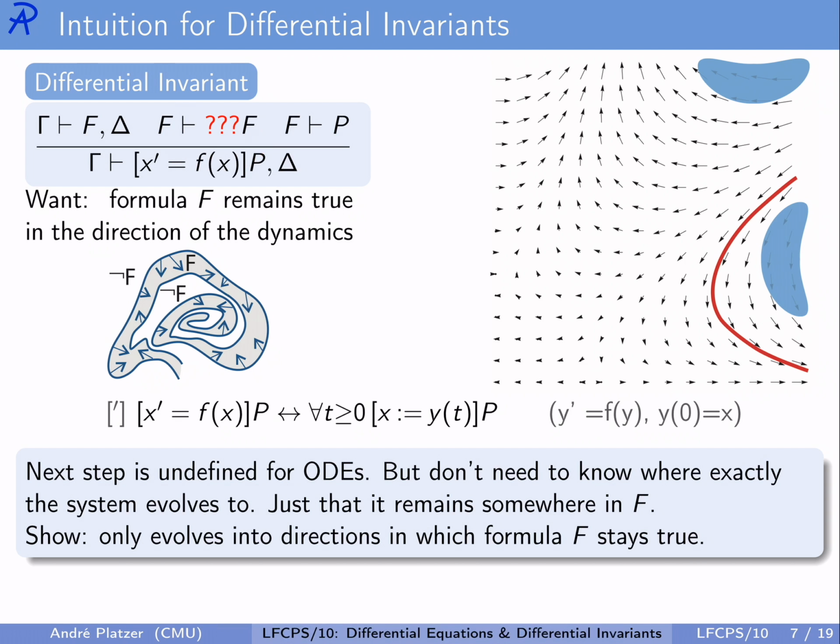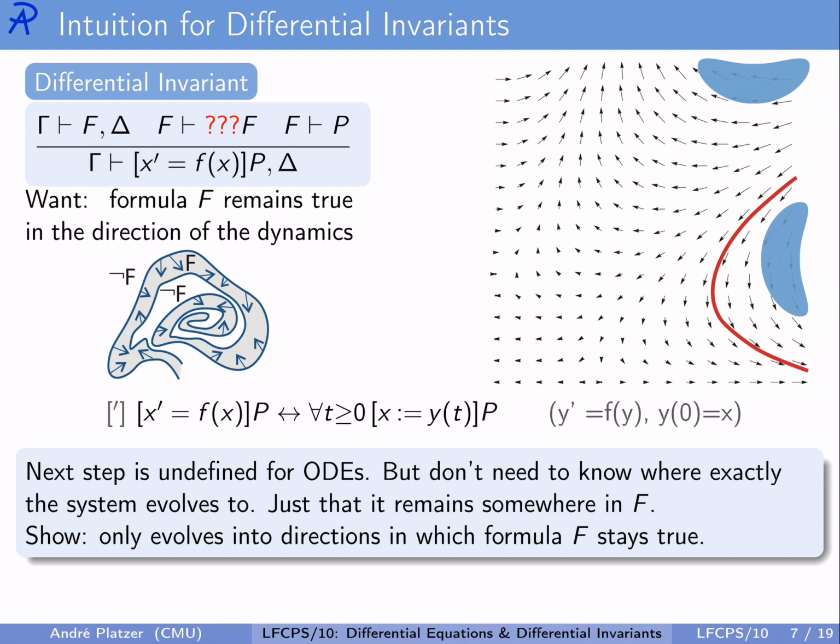So if it was starting out somewhere true, and we follow the dynamics, then it's always going from a state where it is true to a state where it is true again. Of course, going from a state to a new next state is kind of sort of undefined in differential equations, so we have to be a lot more careful about that. But the advantage is, at least we don't need to know where exactly the system evolves to, right? We just need to know that it doesn't go somewhere unsafe.